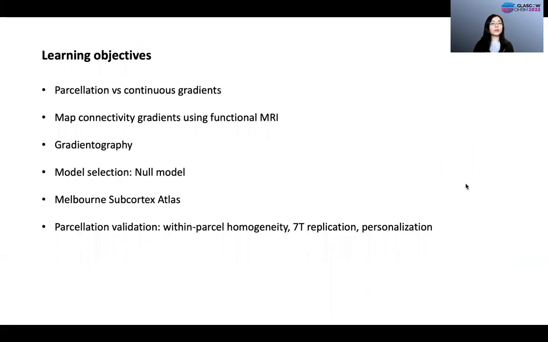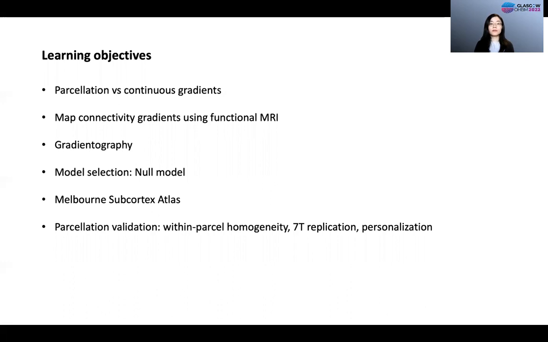Okay, so I will start with the concepts of the two models, the parcellation and continuous gradients. I will then show how to map the functional connectivity gradients using functional MRI. I would also like to show how to use the technique of gradientography to facilitate null hypothesis testing and model selection, and to enable the Melbourne parcellation of the subcortex.